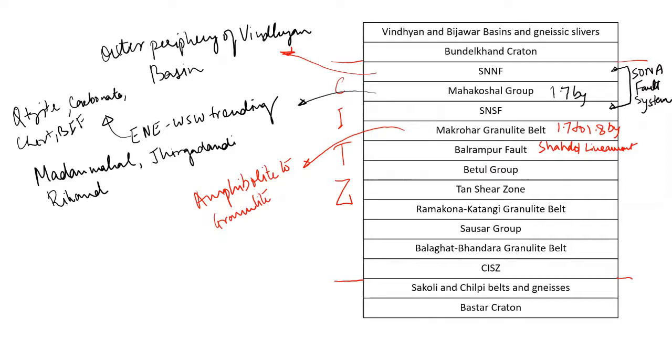The Bethul supracrustal belt is situated between the Mahakoshal and Saucer supracrustals. It is overlain by the Gondwana sediment and Deccan Trap on three sides, and there is a narrow corridor which is connected to gneissic terrain in the north of the Saucer belt.